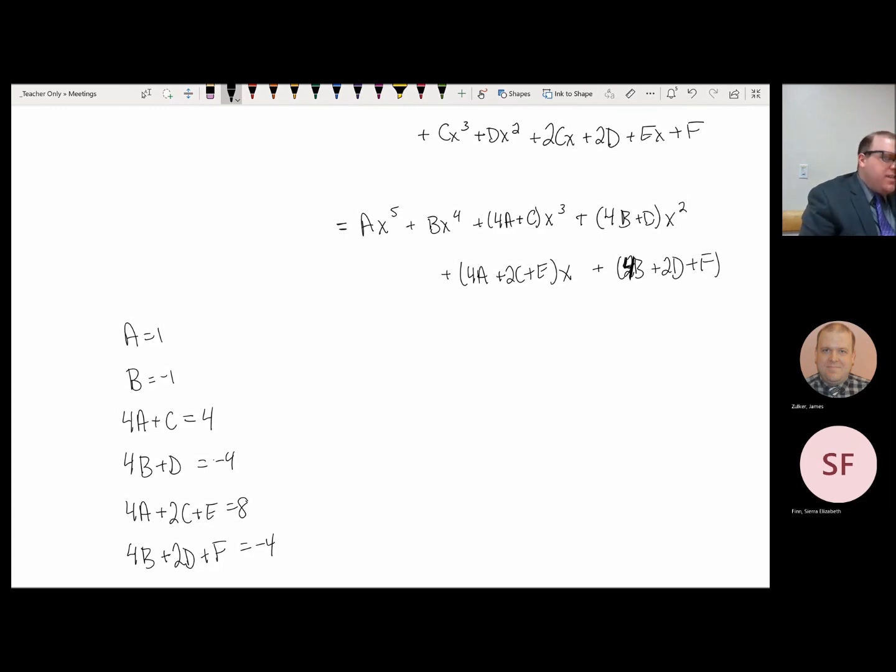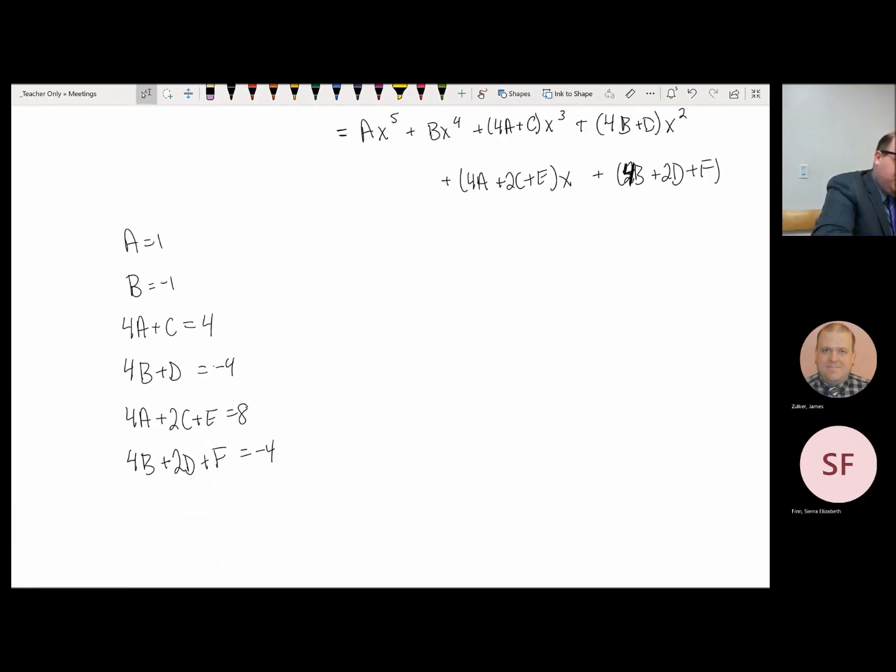You know A, you know B. Because you know A, you now know C from the third equation. You also know D from the fourth equation. A has to be 1, B is -1. That means C has to be 0 and D has to be 0, which means E has to be 4 and F has to be 0.